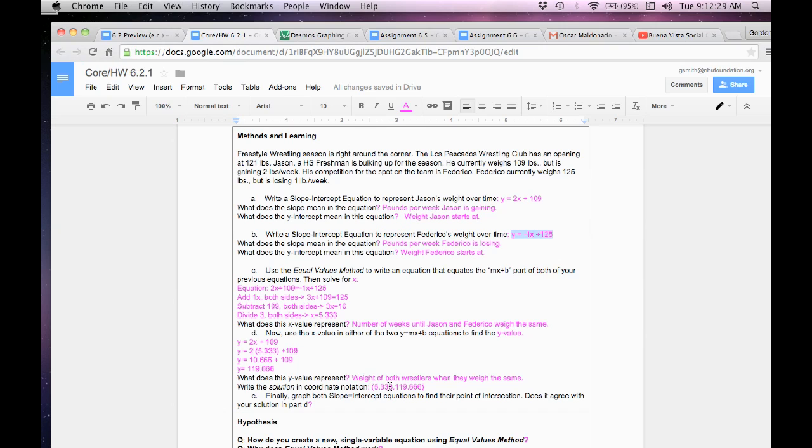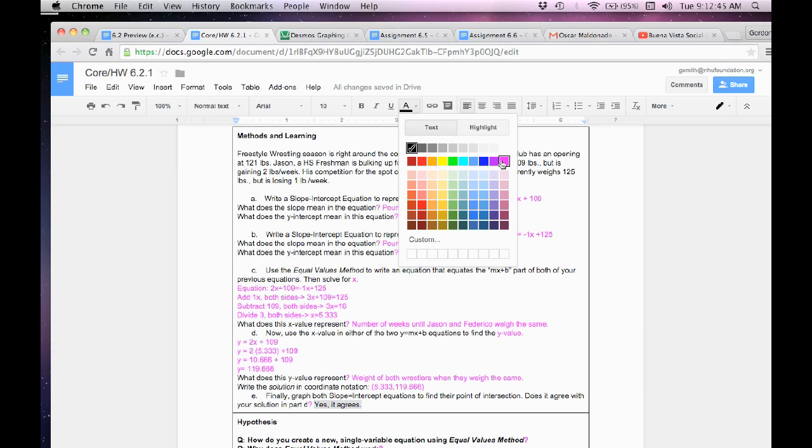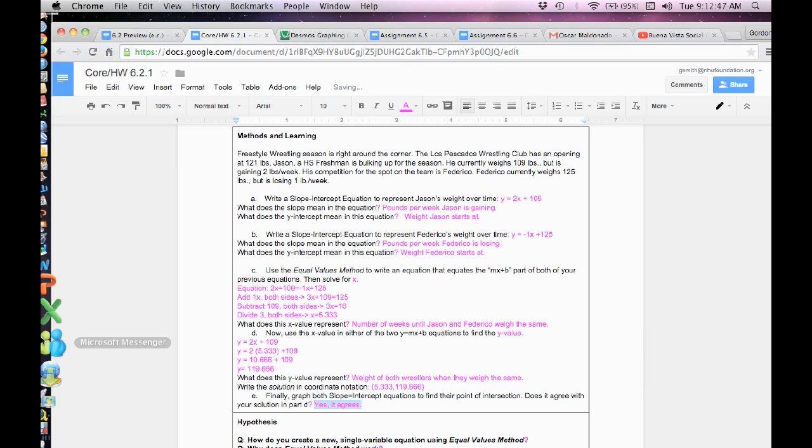And does that agree? 5.33, 119.666. I guess they just rounded. But yes, it does agree. And that validates for us that we did the equal values method correctly. So that's really good news. And that's that.